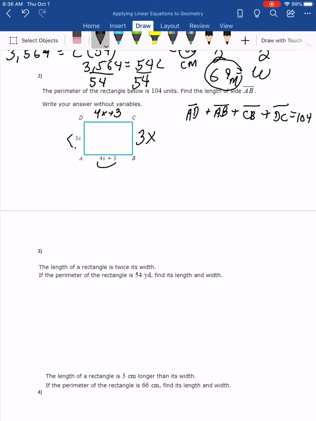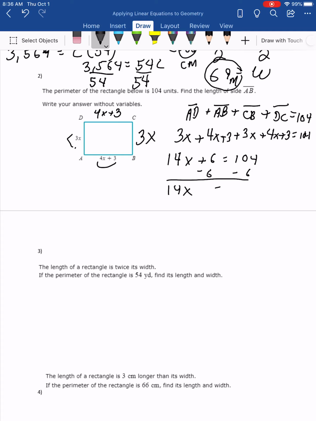Okay, instead of AD, we can substitute 3x plus AB, 4x plus 3, plus 3x plus 4x plus 3 equals 104. All right, so we have like terms, 14x plus 6 equals 104. Subtract 6 from each side, 14x equals 98, and we'll divide each side, not by x, sorry, by 14. X is 7.